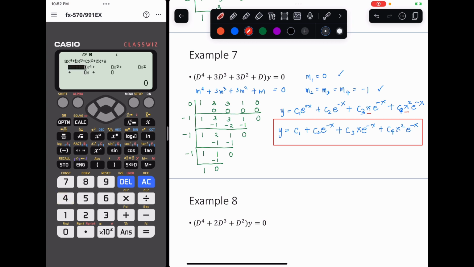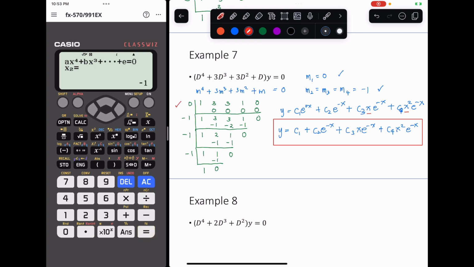M to the 4th is 1. The cube is 3. So m squared is 3. And then we'll have 1. But then we have 0 for the constant part. So that's x sub 1 is 0.